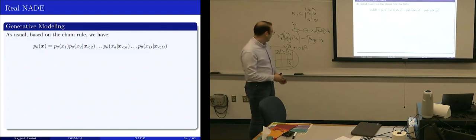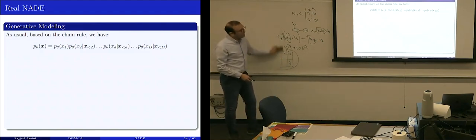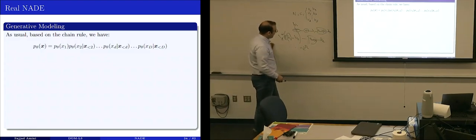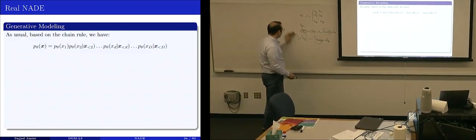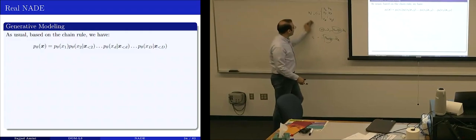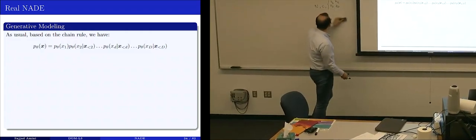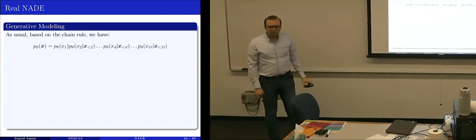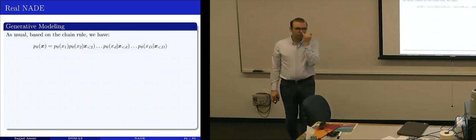Let's extend the concept of NADE into real, into continuous random variables. Till now, we just talked about binary, or at the start of this session, we talked about categorical distributions, categorical random variables, random vectors.